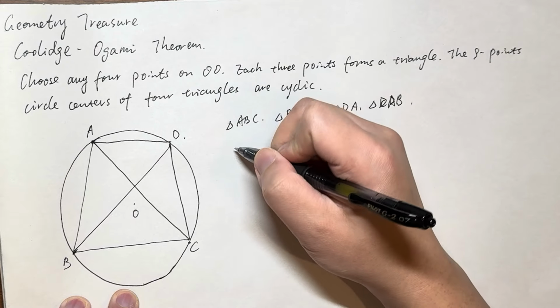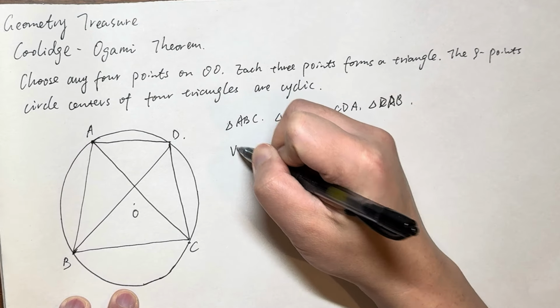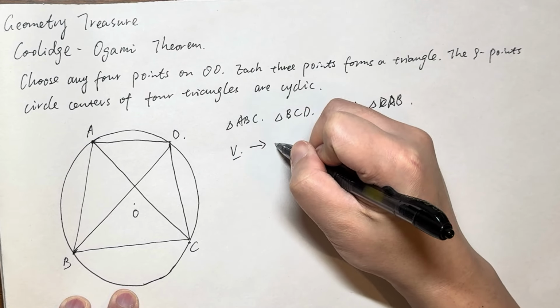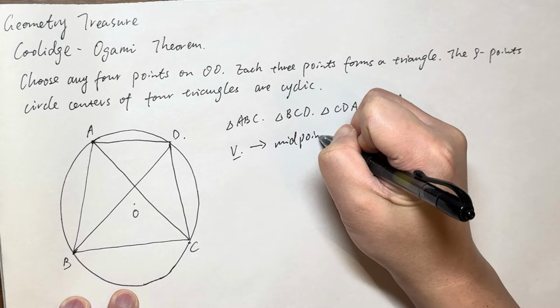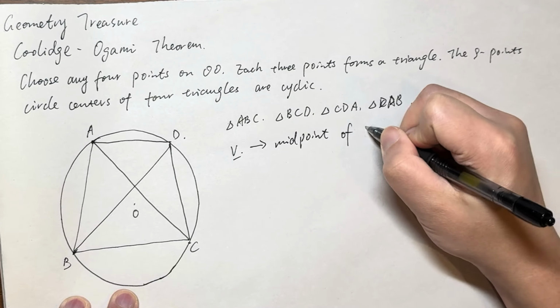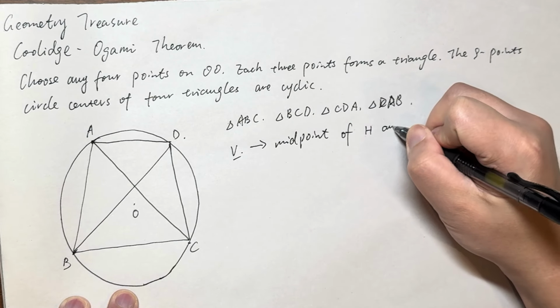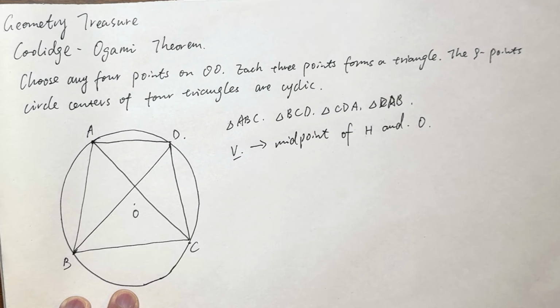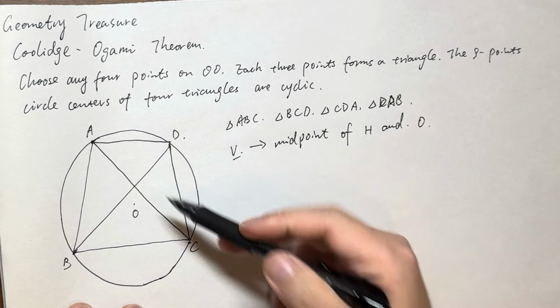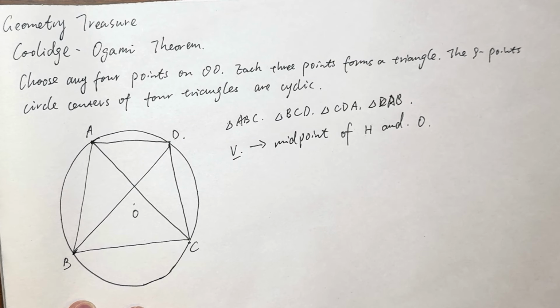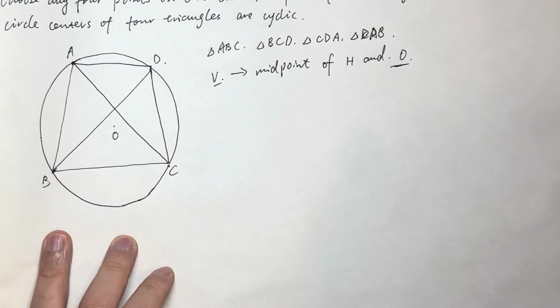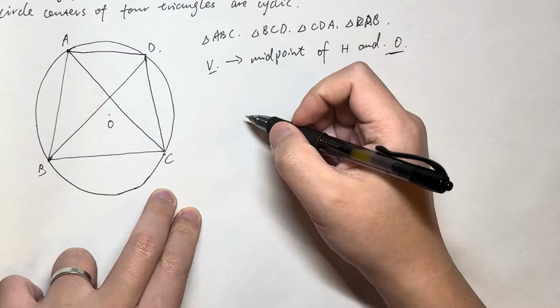We know that the center of the 9-point circle V is the midpoint of the orthocenter H and circumcenter O. For all of these triangles, they share the same circumcenter, so we can just choose to use a unit circle here.